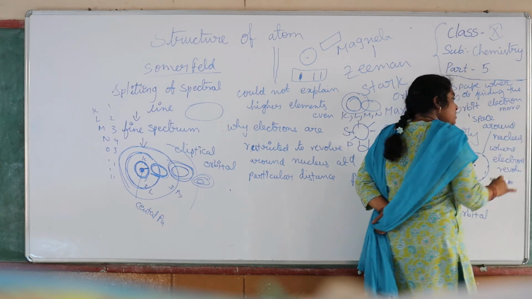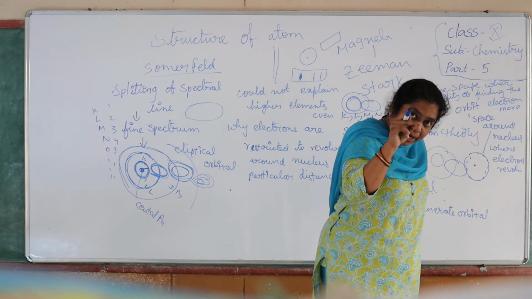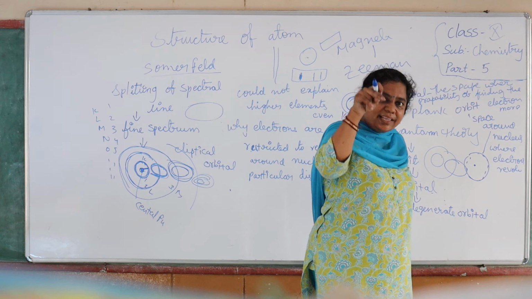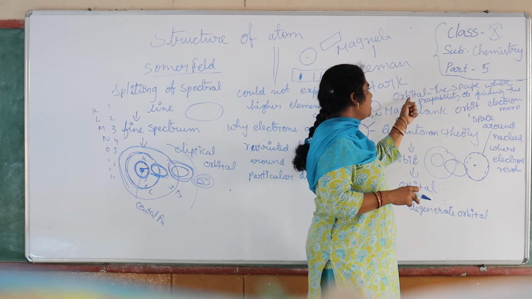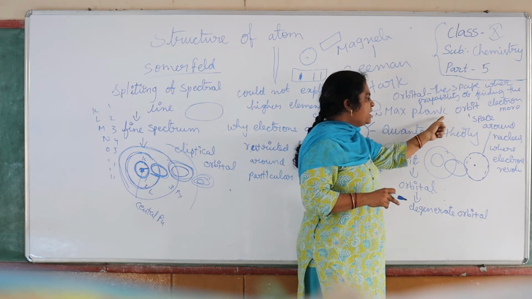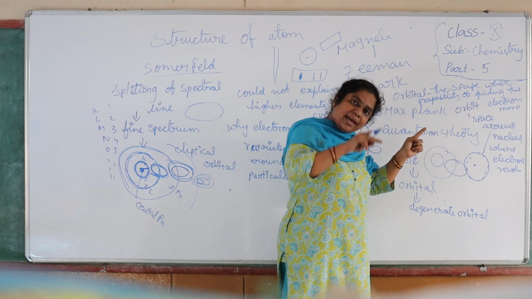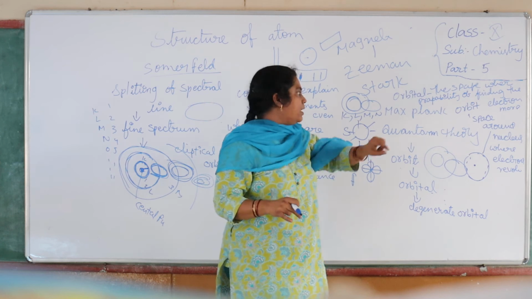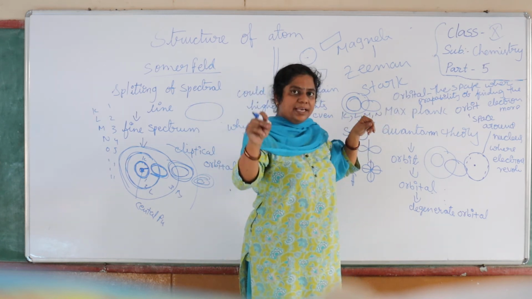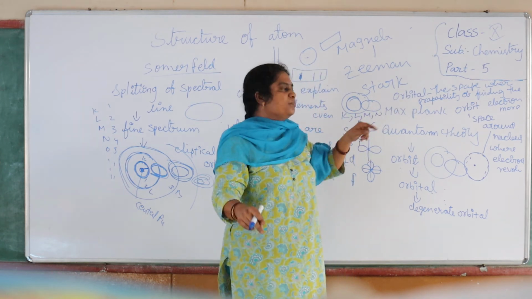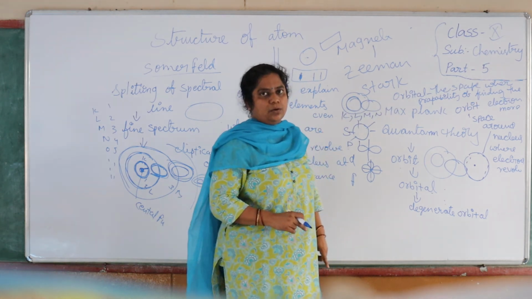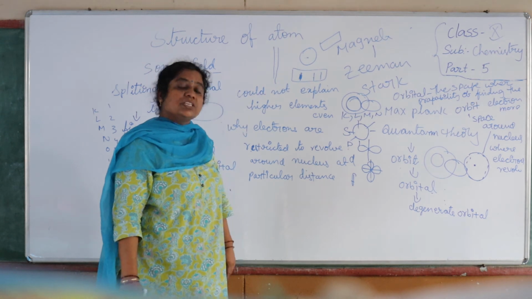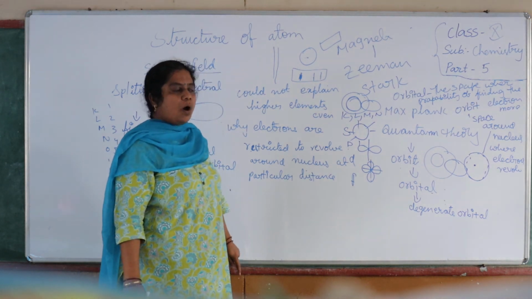That means there are more chances to find the electron at that place. You can say that the electron may be here at this point. That is called an orbital. Orbit means the space around the nucleus where the electrons are revolving. In that space also, at a particular region, you can say the electron may be here at this particular time. That is called an orbital. The space around the nucleus where the probability of finding the electron is more is called an orbital.